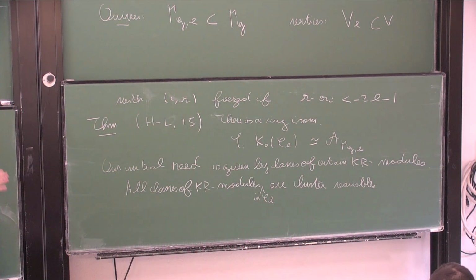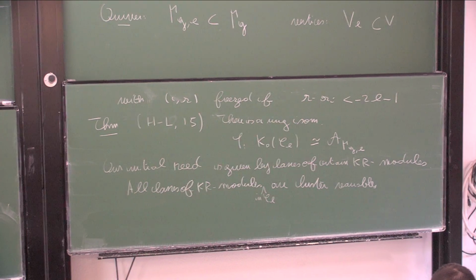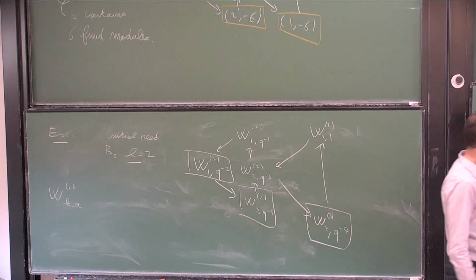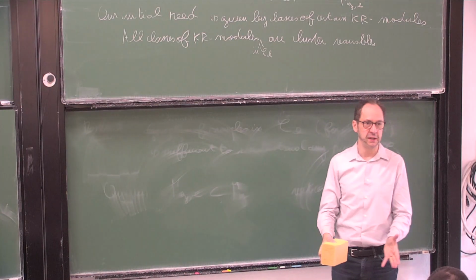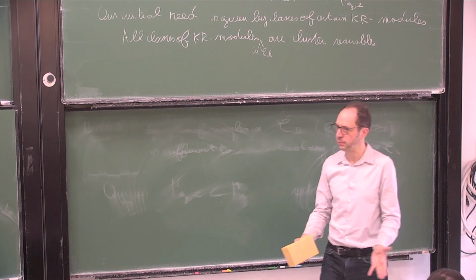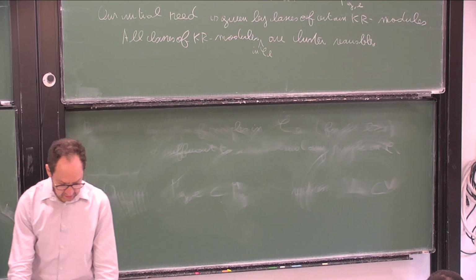Now, of course, when you have this, you may wonder what happens for cluster monomials and cluster variables, because I just stated here that some of the cluster variables correspond to some modules that we know, but of course there are many more modules than KR modules. And so it's much more involved and difficult than for SL2, again, because we do not know how to describe simple modules.